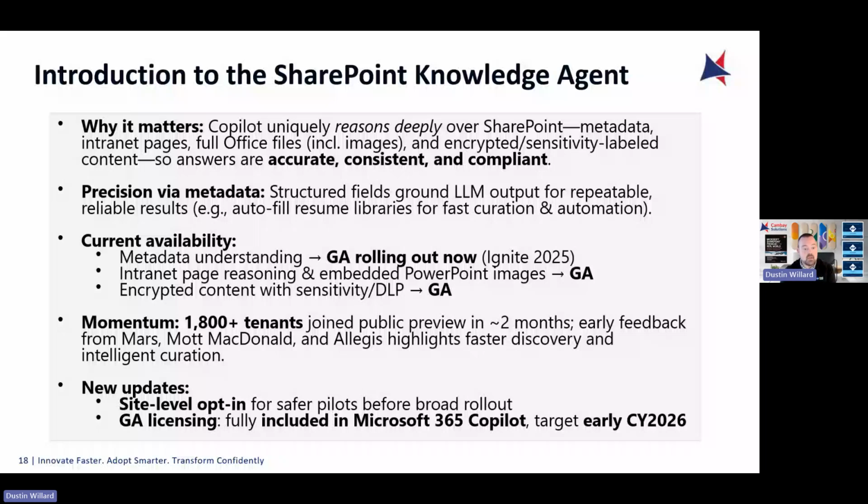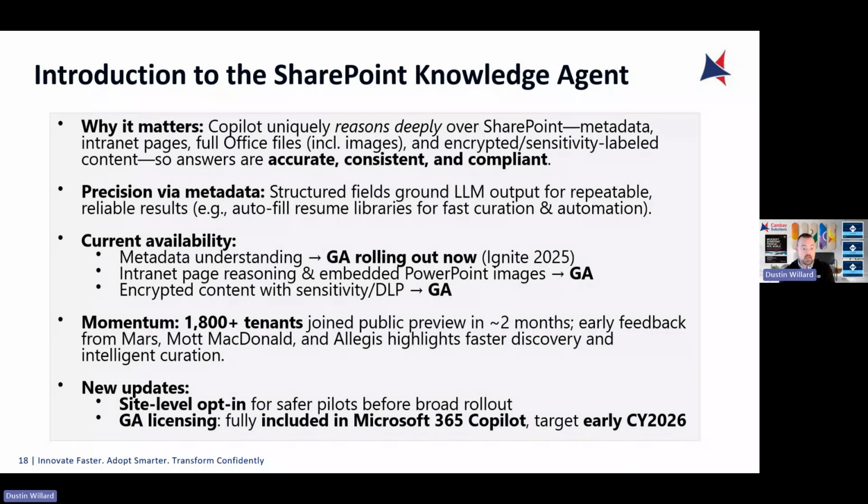The new updates are there's a site level opt-in. So you can literally just say, hey, I only want this on one site, and I'll show you how this works. And maybe you only want it on one. If people use the knowledge agent and they do not have a Copilot license, they will ultimately be charged at a pay-as-you-go model for that.